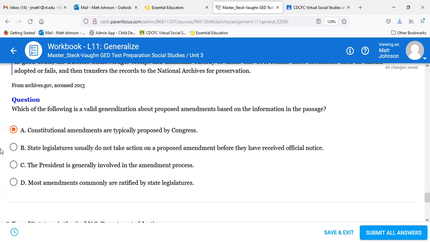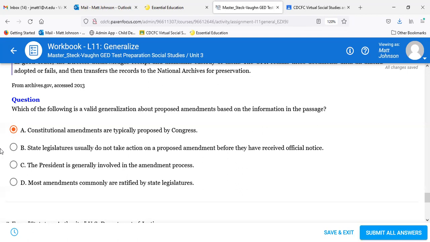And if you look at every one of these statements, they all use generalization language, right? Constitutional amendments are typically is that type of generalization signal word. State legislatures usually do not take action on a proposed amendment. Usually is another one of those signal words. The president is generally involved in the amendment process, generally, very much so a generalization word.